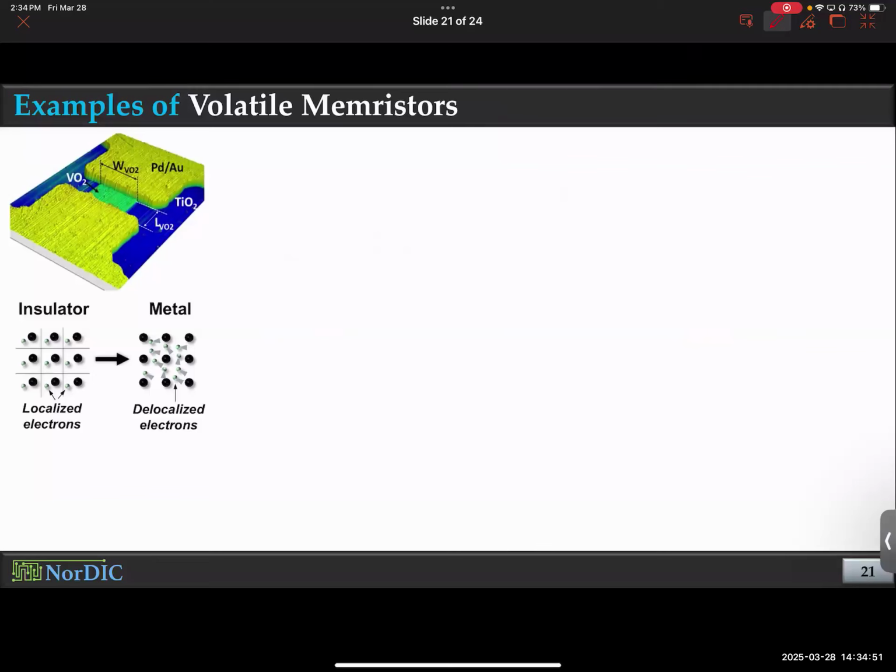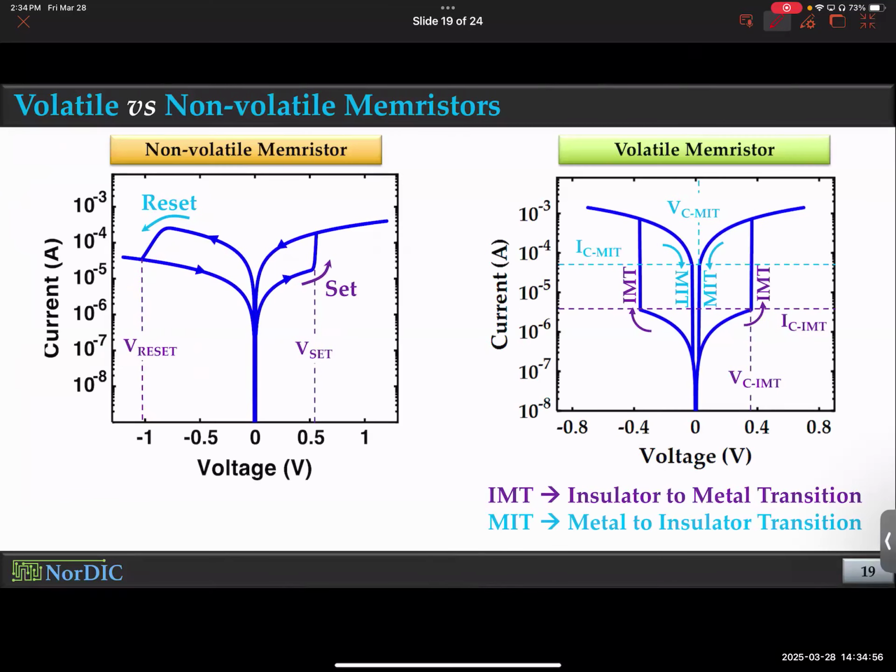Yes, Michael. So for the volatile memristor, can you go back to the... Yeah, of course. So you're just leveraging the right side. Exactly. Yes, absolutely. So this volatile memristor doesn't have any storage capability.